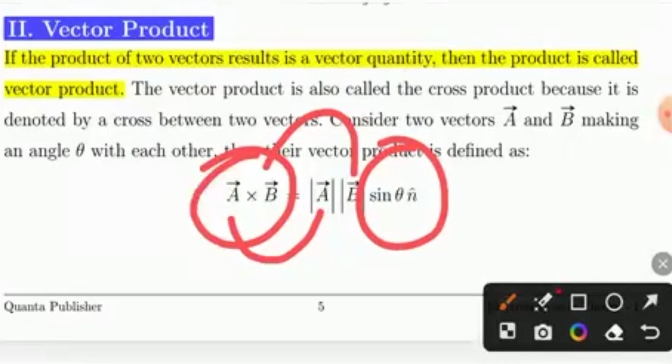And you will see over here that there is a normal unit vector n, because in order to make the right hand side a vector quantity, we have to attach a normal unit vector over here. Then this equation will be balanced.